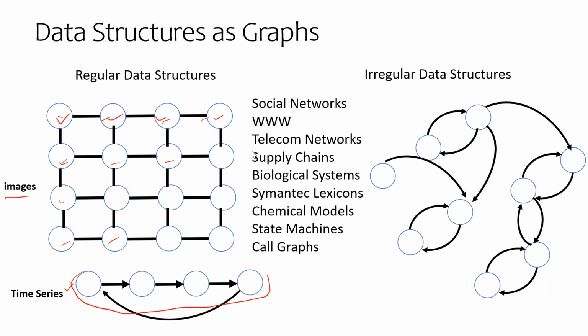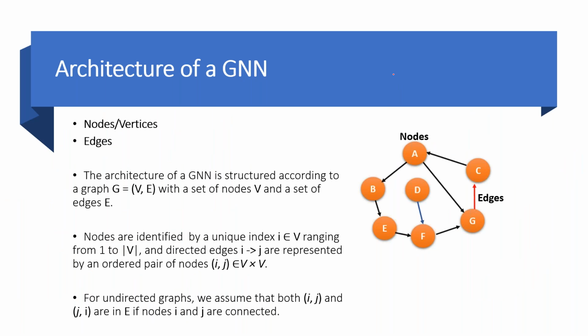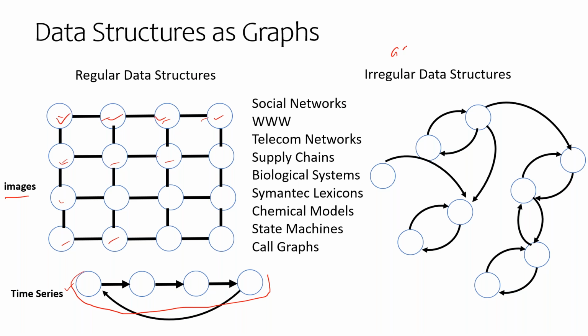There are a few examples of that. I'll talk about that probably later. Let's say GAT, the graph attention network, where we use attention in finding which path has more weightage.